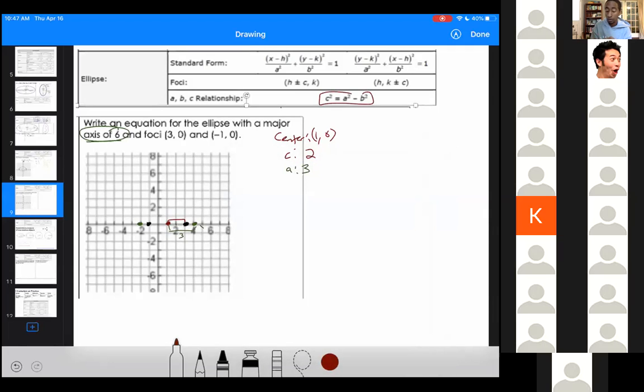You don't even have to graph anymore. You know generally it's going to be shaped something like that. So you can use c squared equals a squared minus b squared. So 2 squared equals 3 squared minus b squared, and you solve for b. So it's going to be 4 equals 9 minus b squared. Well, let me pause. Do I have any questions thus far? I don't know if I'm going too fast or anything. Just want to make sure we're good.